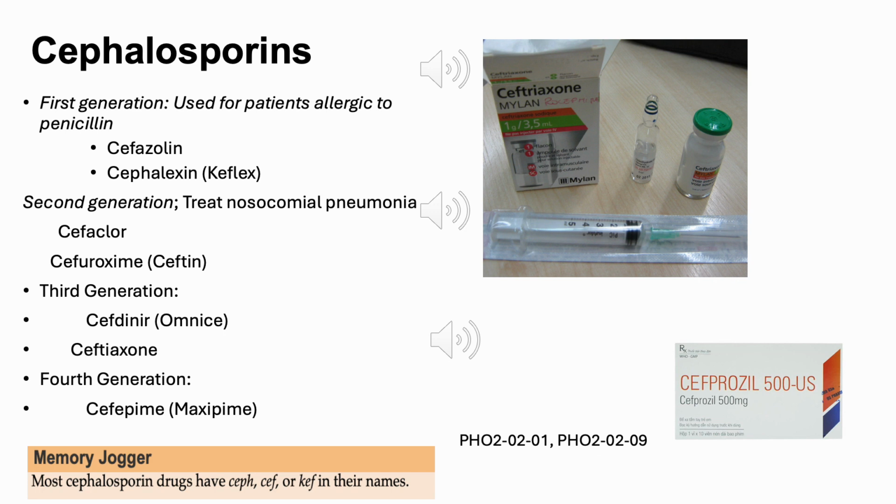Cefaclor, cefuroxime, known as Ceftin. Your third generation, cefdinir, Omnicef, ceftriaxone, and then your fourth generation, cefepime, known as Maxipime.